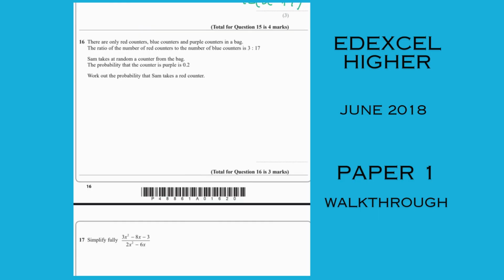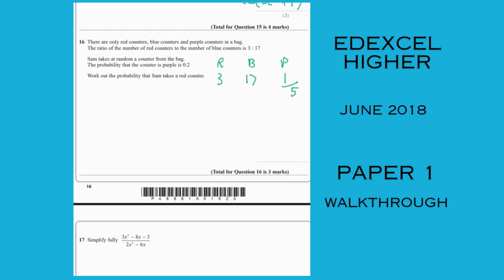Number 16. So I'd build this up. It is another wordy ratio question, but you have got ratio into probabilities. So there's only red, blue, and purple. Save a bit of room by squeezing in here, just in case we need more space. Ratio of red to blue is 3 to 17. Probability that it's purple is 0.2, or in other words, a fifth.